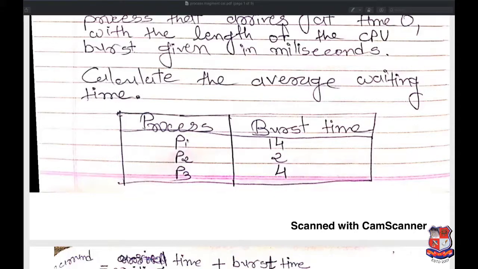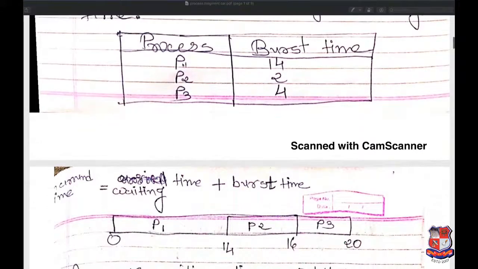P1 process comes to the system for execution first, so we consider the first process P1. My starting value is 0. The total burst time of P1 is 14, so 0 plus 14. The end value of P1 is equal to 14. So for execution of P1, start with time 0 and end with time 14.